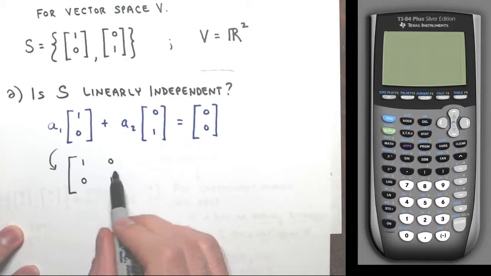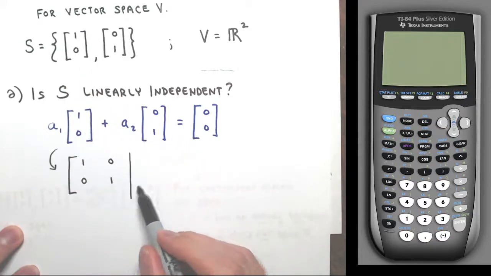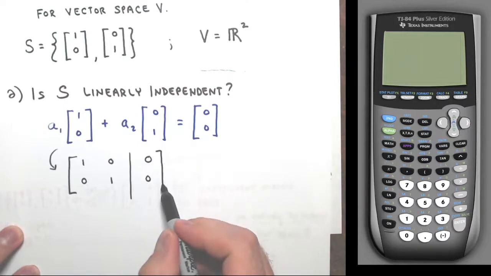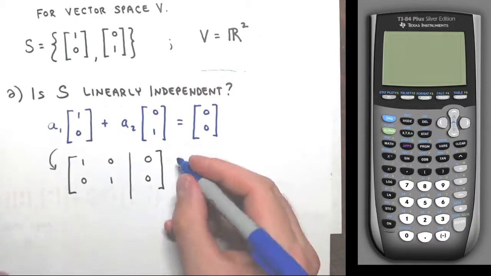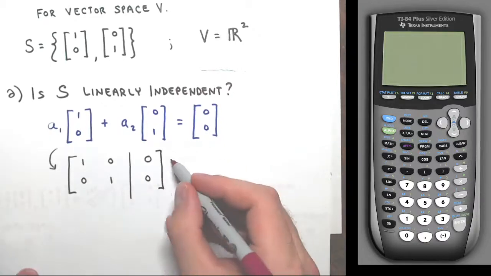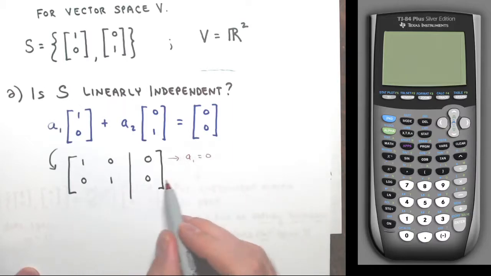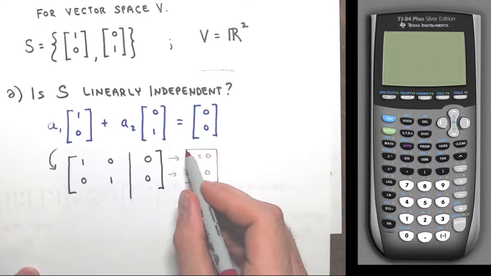So there's your coefficient matrix. Again, it's just the vectors of S, and a little bar for where the equal sign is, and then the 0, 0. Then you see from this that the value of a1 would have to be 0, and the value of a2 would have to be 0, and that's the only solution.